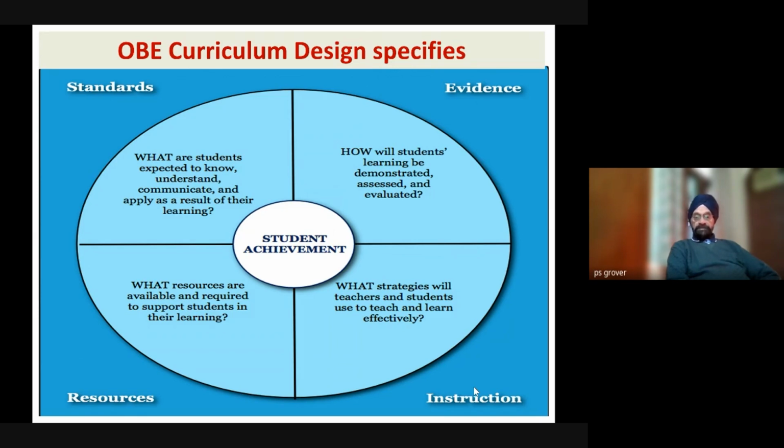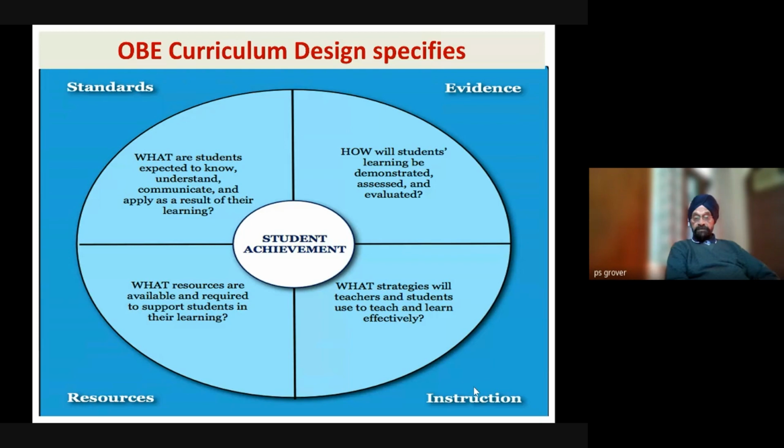So when I design a curriculum, it should clearly have some standards. Who decides the standard? Standards may be decided by some agencies, like accreditation agencies or certain regulatory agencies. They say what students are expected to know, understand, communicate, and apply as a result of their learning at various levels, maybe at school level, college level, university level, certificate or diploma, and so on. Then, how will student learning be demonstrated, assessed and evaluated? That's what we have to indicate.